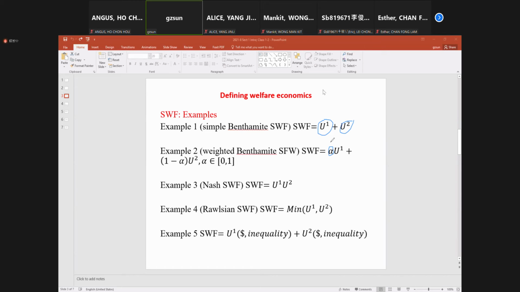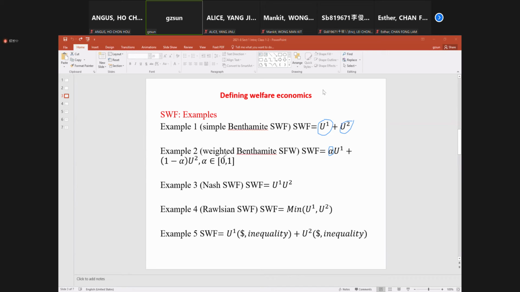We do not care about him at all. And when alpha equals 0, this other number becomes 1, so only person 2 matters. So you can imagine that as alpha becomes bigger and bigger, gradually approaching 1, we care more and more about person 1, and less about person 2.